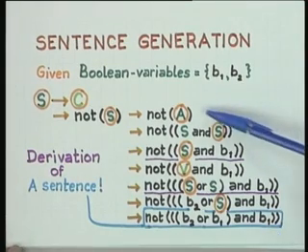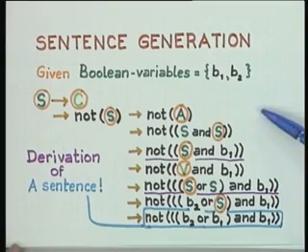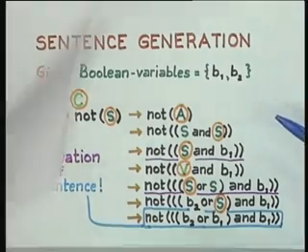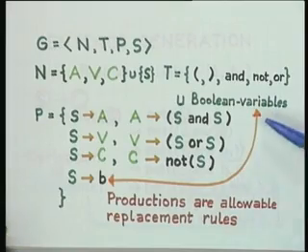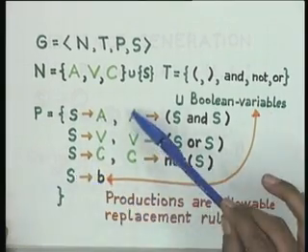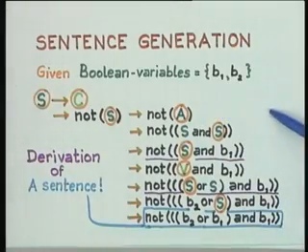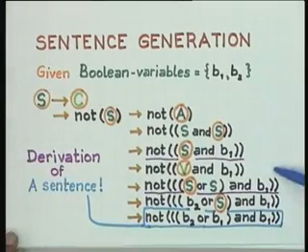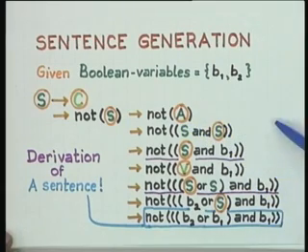So if you were to justify each of these steps in this derivation by which production you have applied, you could number these productions as 1, 2, 3, 4, 5, 6, 7, and you could write a justification which just tells you which production number you applied. Then what you could do is essentially permute the order of applications of these productions.